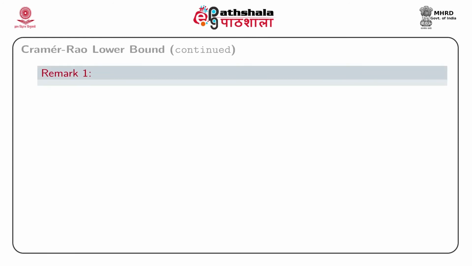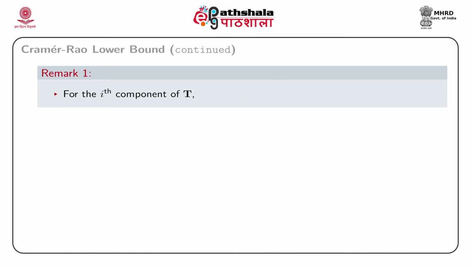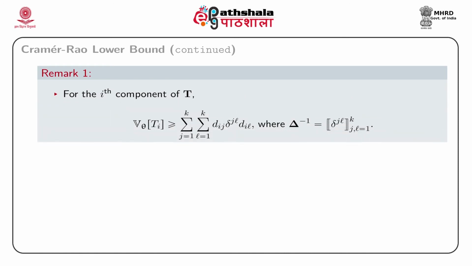Remark 1. For the ith component of T, the variance of Ti is greater than or equal to the summation over j from 1 to k, summation over l from 1 to k, of dij into Δ^{jl} into dil, where Δ^{jl} denotes the jl-th element of Δ inverse.